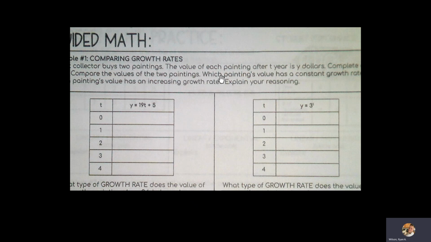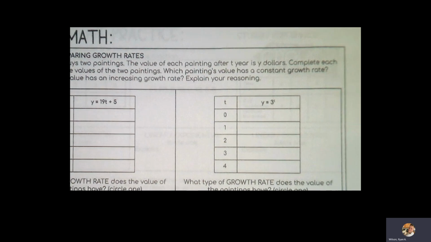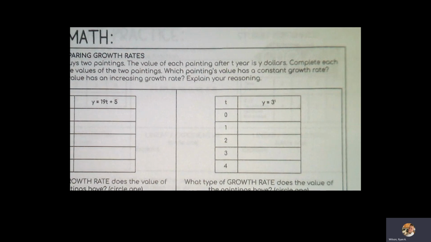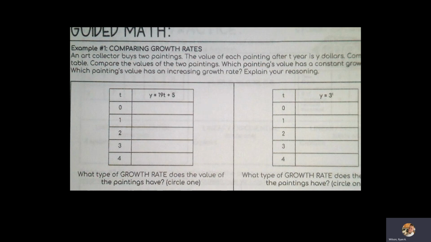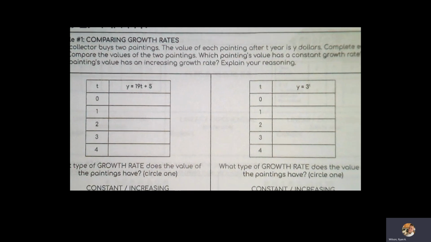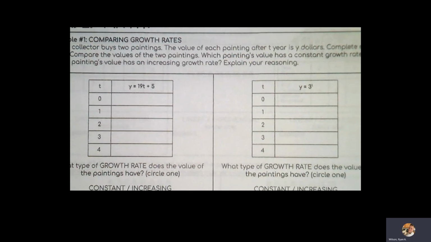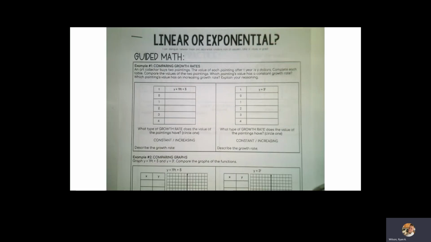So what we are going to do is, let's read the rest. We need to figure out which painting's value has a constant growth rate, which painting's value has an increase in growth rate, okay? So what we're going to do is fill the tables out first. Now, can anybody tell me, how do I evaluate? What do we do when we evaluate something?